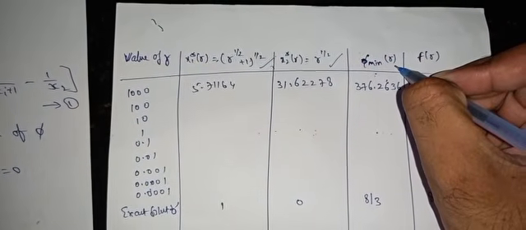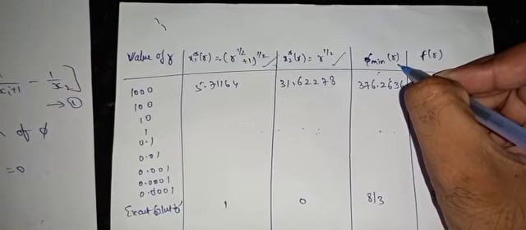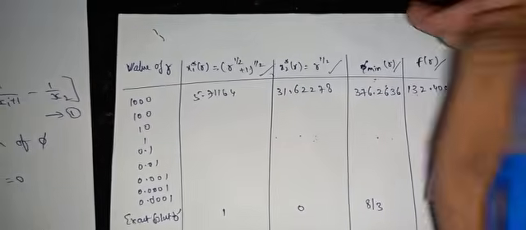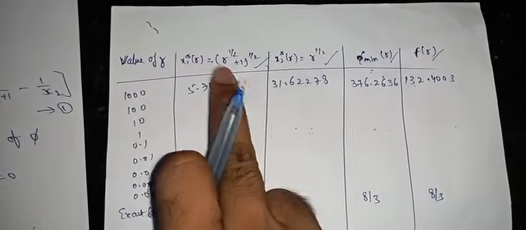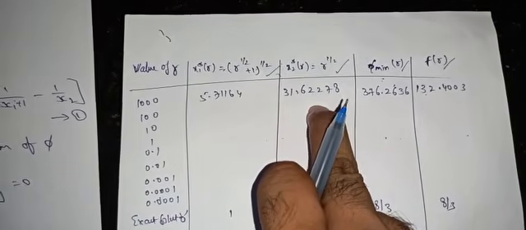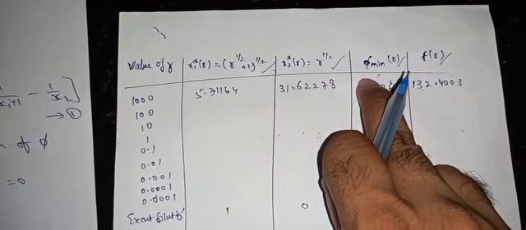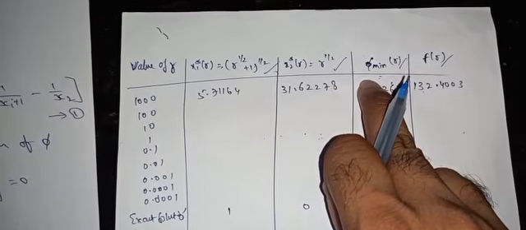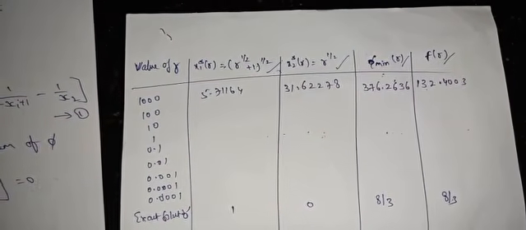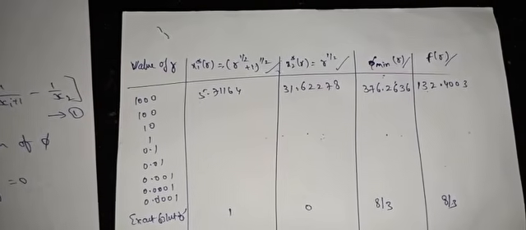Phi of r value means the equation we derived last, and this is the f of r value. Substituting the r value in this equation we get this value, and substituting r in this equation we get this value, and substituting in the given function we get this value. So we calculated the phi minimum.